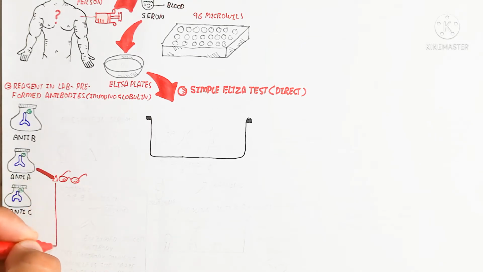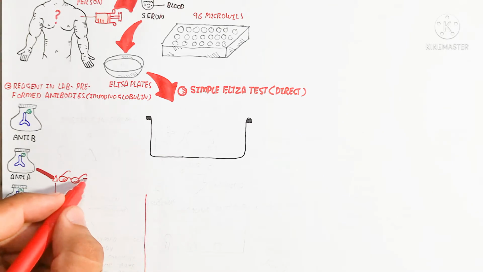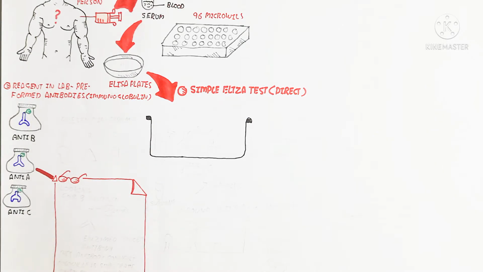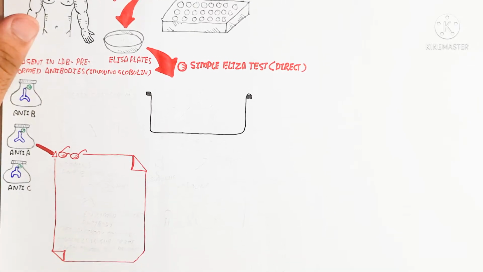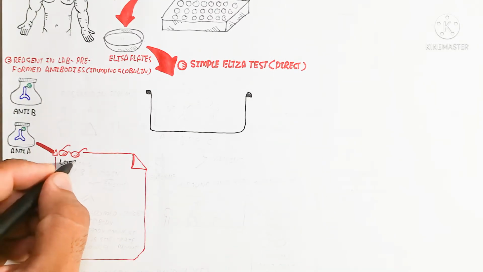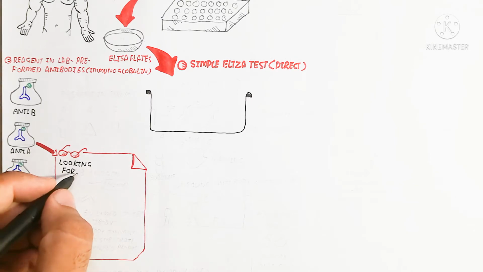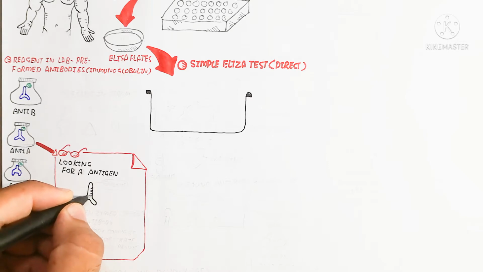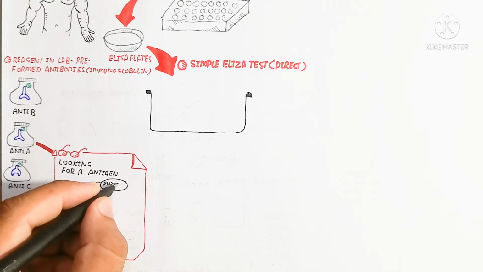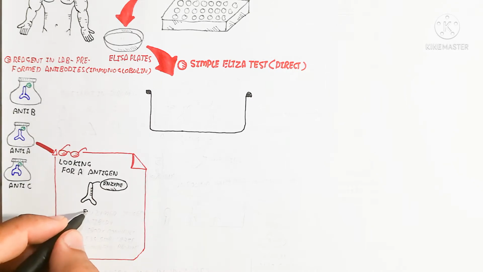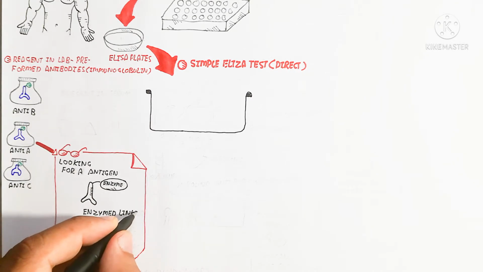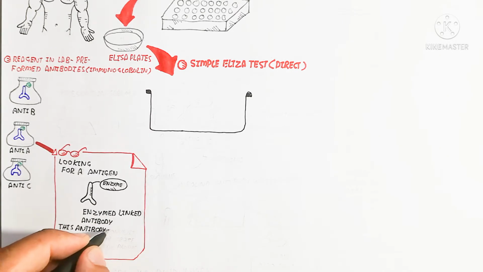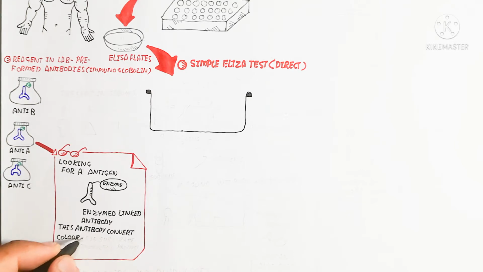Here we are looking for the B antigen, for example, and we can prepare an antibody against that antigen in the laboratory by linking it with the enzyme. This enzyme linked antibody converts a colorless substrate into a colorful product, so we can detect it by the spectrophotometer. Spectro means spectrum, photo means photon or light, and meter means a measuring tool.